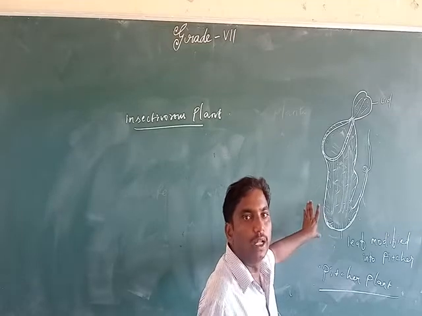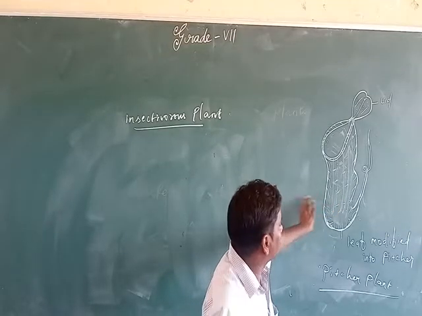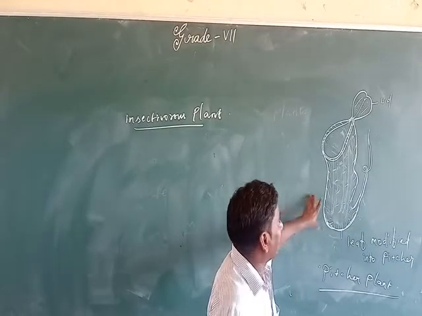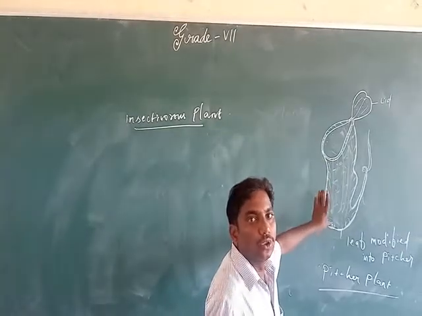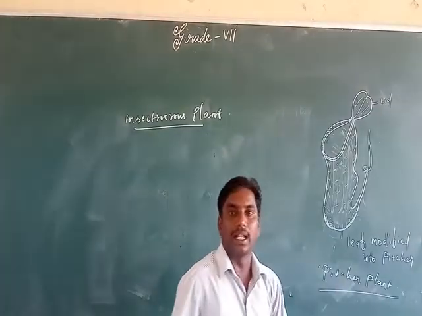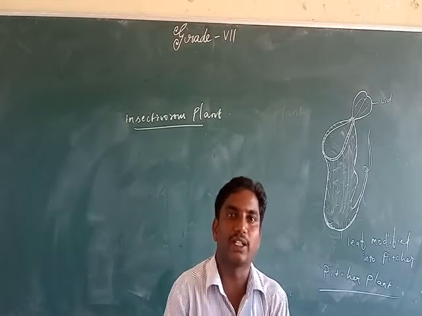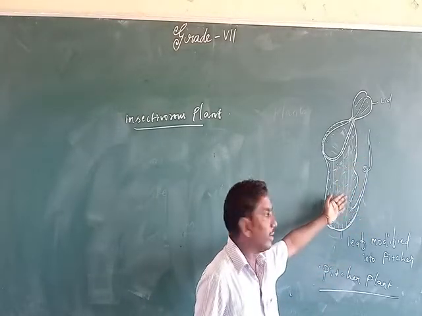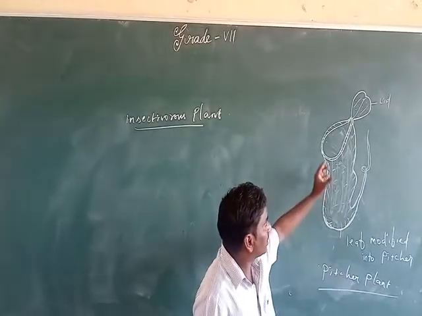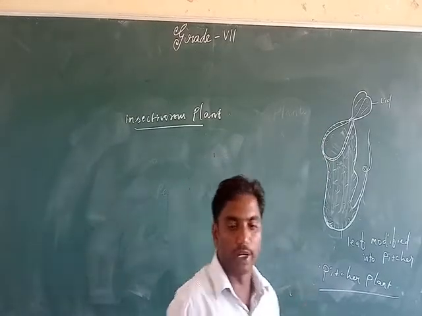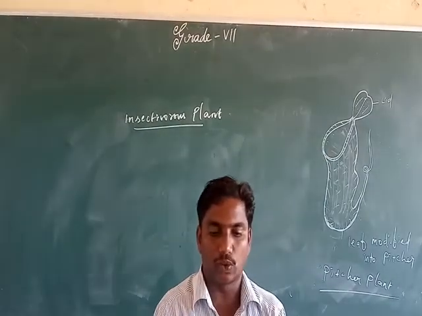So how does it get those other nutrients? This pitcher plant gets some nutrients like nitrogen from the insect. So the pitcher plant is eating the insect, and that way they are called insectivorous plants.